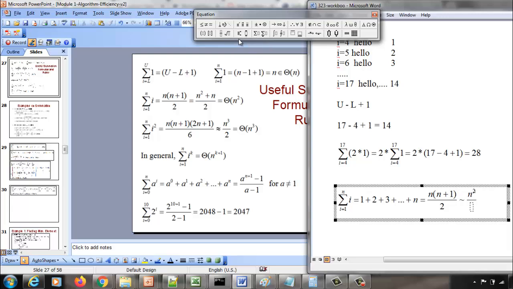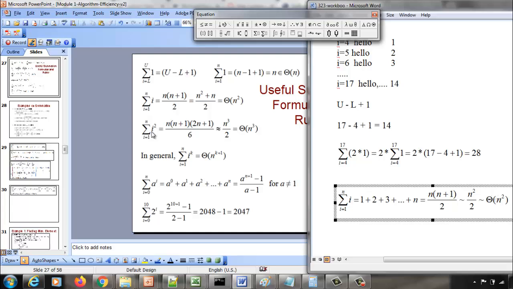Again we can discard the coefficient, 1 over 2, and simply say this is n square. And n square is what goes inside the theta notation. We can say this is theta of n square. So if we have I inside a summation with I equals 1 to n, that is theta of n square. Right? So let us continue now.